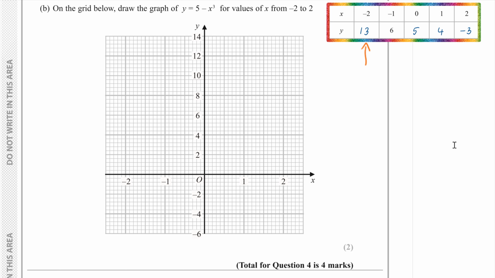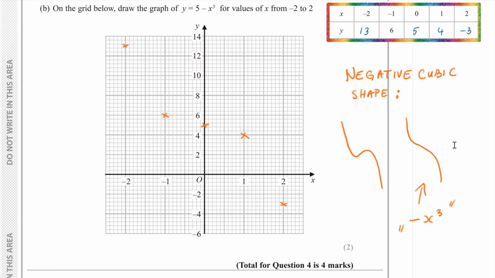The coordinate point minus 2, 13 goes here, then minus 1, 6, then 0 and 5, 1 and 4, 2 and minus 3. Then join these points with a smooth curve, making sure that the curve goes through every single point, from the first point, where x is minus 2, all the way to when x is 2.